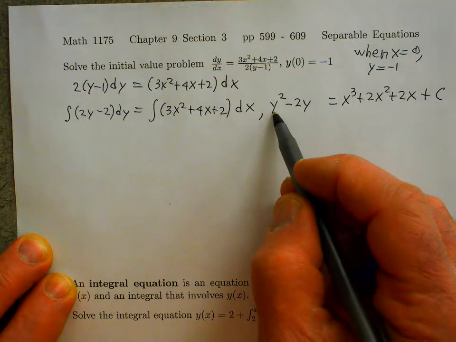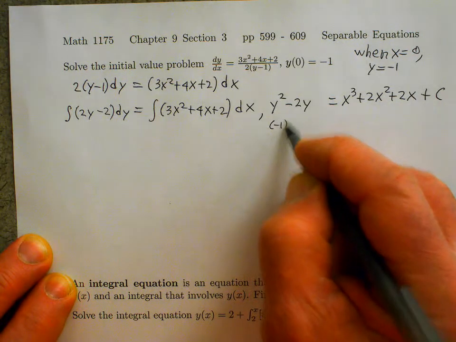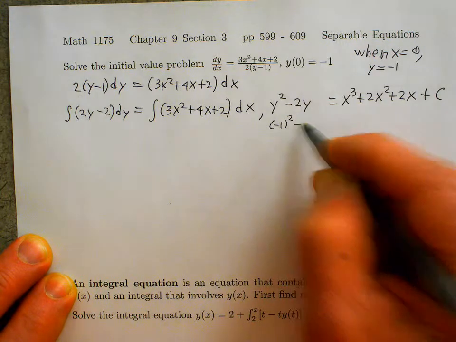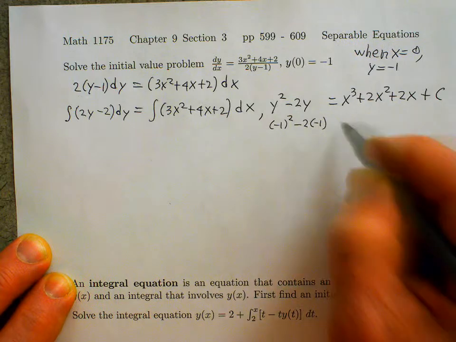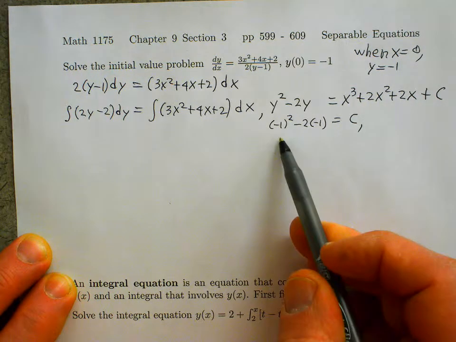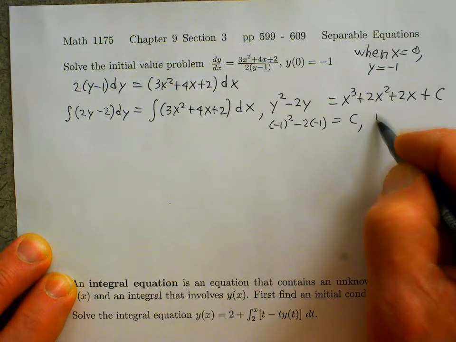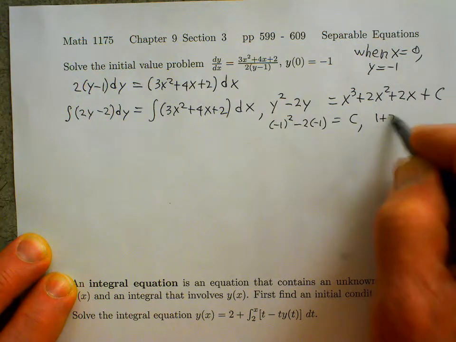Okay, so we get -1 squared minus 2 times -1 equals c. So -1 squared is +1, and then minus -2 is +2.